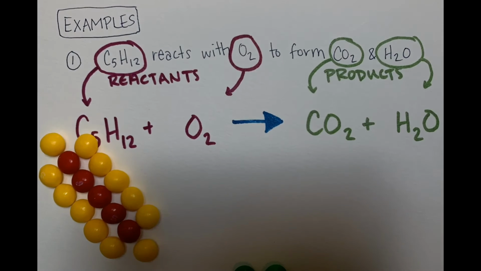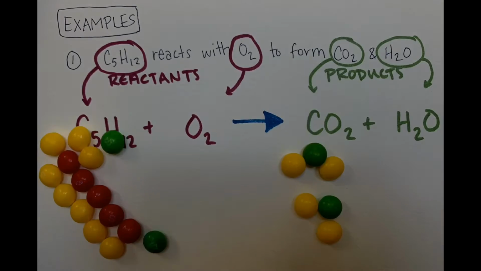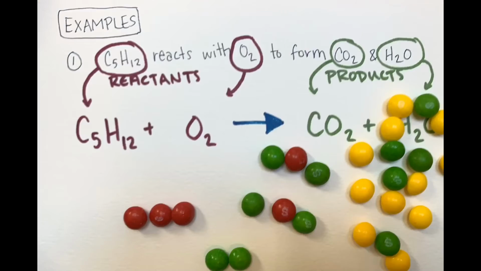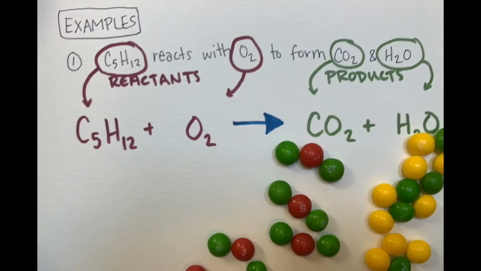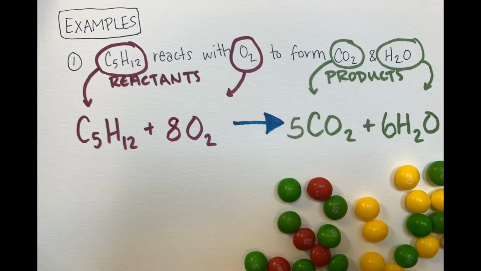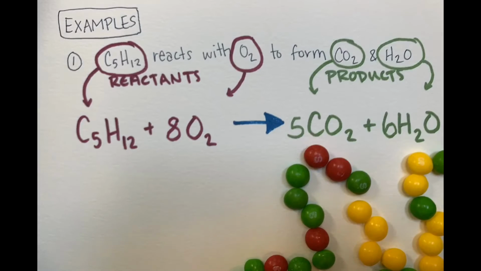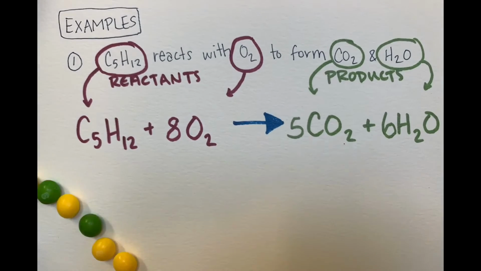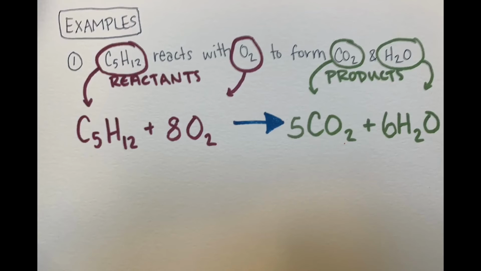All right, so here we have oxygen, and it is taking 4 of the hydrogens off of that first molecule. It keeps going until we have 6 waters, 5 carbon dioxides, and we used a total of 8 oxygen molecules. The big numbers we wrote in at the end, those are our coefficients. That tells us how many of each molecule are in the reaction.